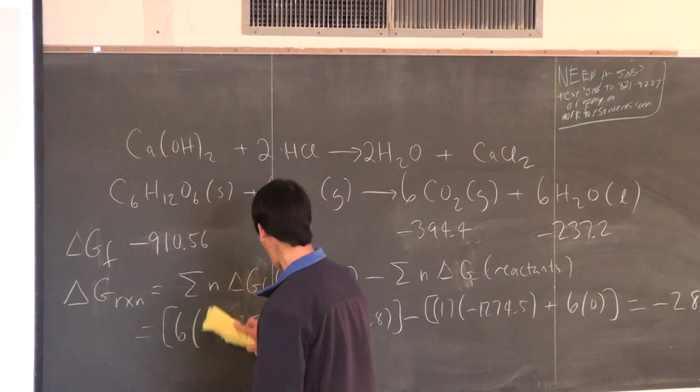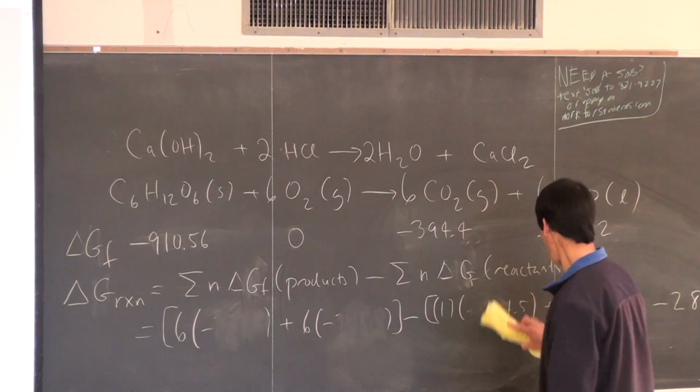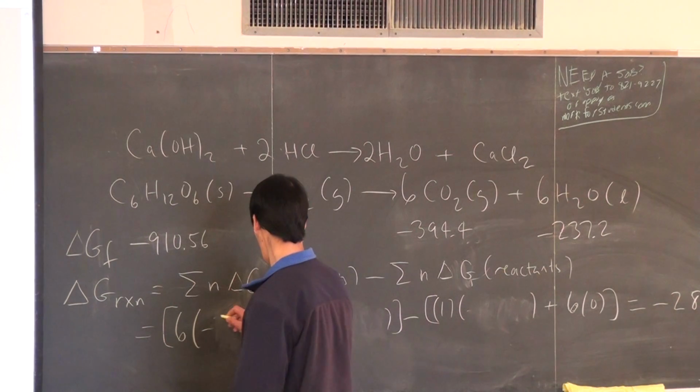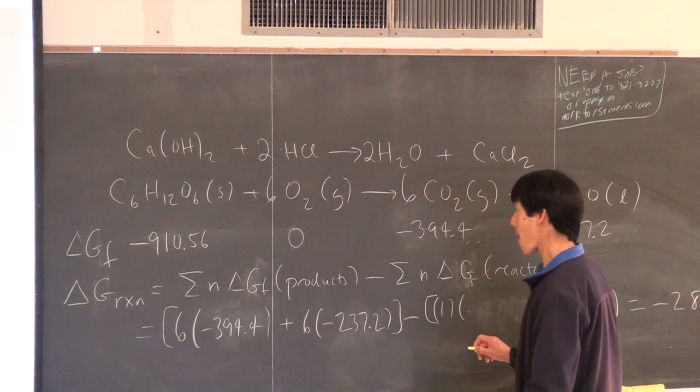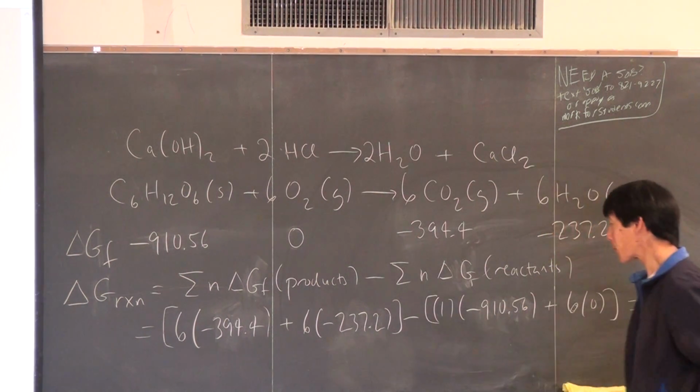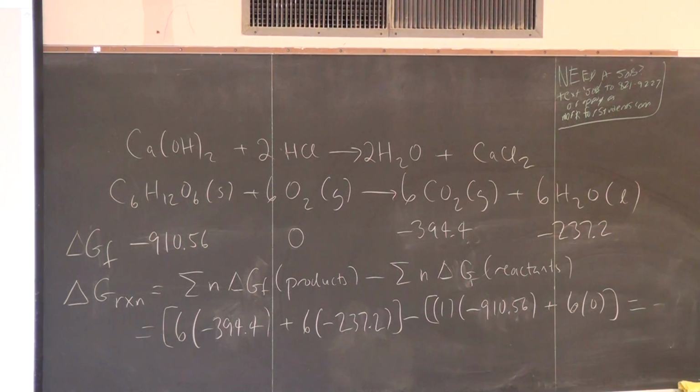So now all we've got to do is plug in our numbers. Minus 2,879.104.